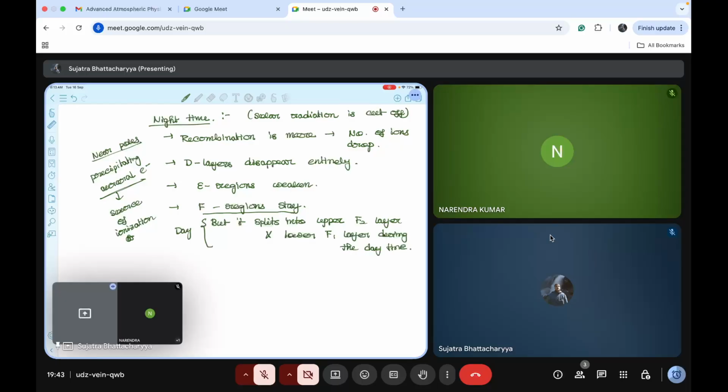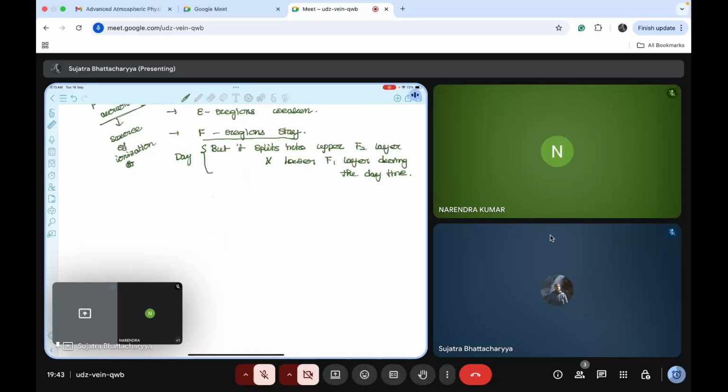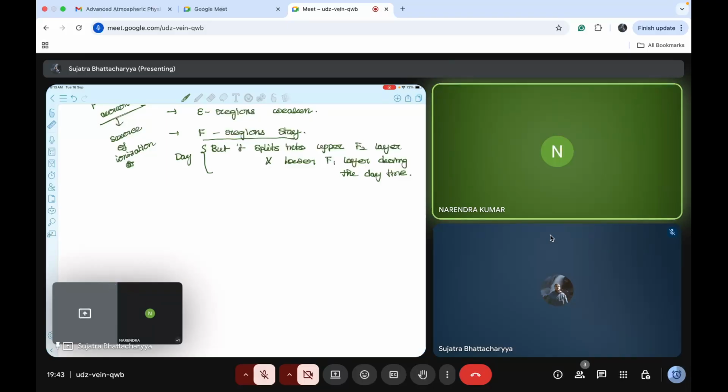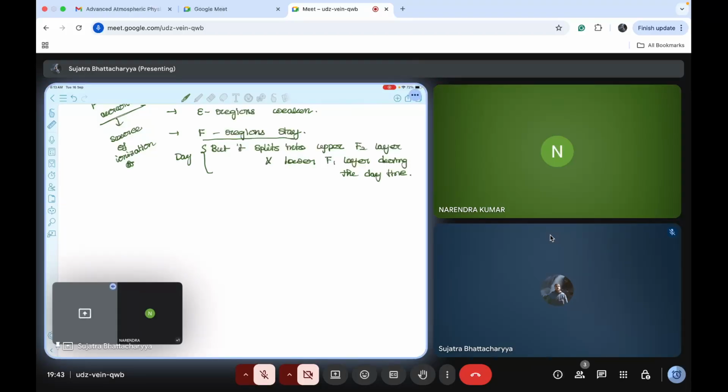What else we can look for is that we are mostly done. Lastly, the reflection of radio waves. I have just shown it to you. Generally, this takes place in the ionosphere region only. But near the poles, what happens?